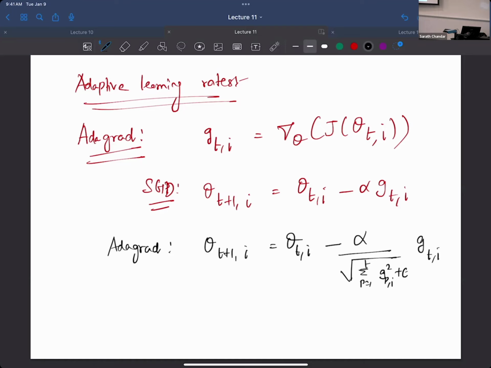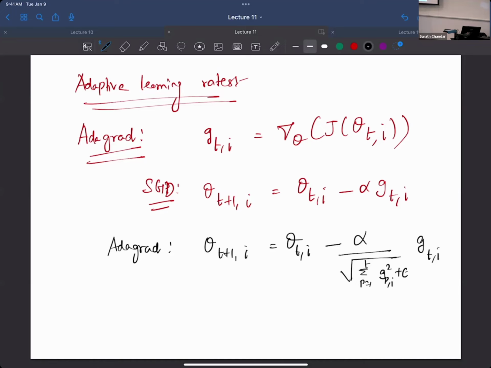So what am I doing here? I'm basically taking a root mean square of all the gradients. I take all the gradients from the first time step to the tth time step, squaring them, summing them, and taking a square root. This is just the root mean square of all the gradients.